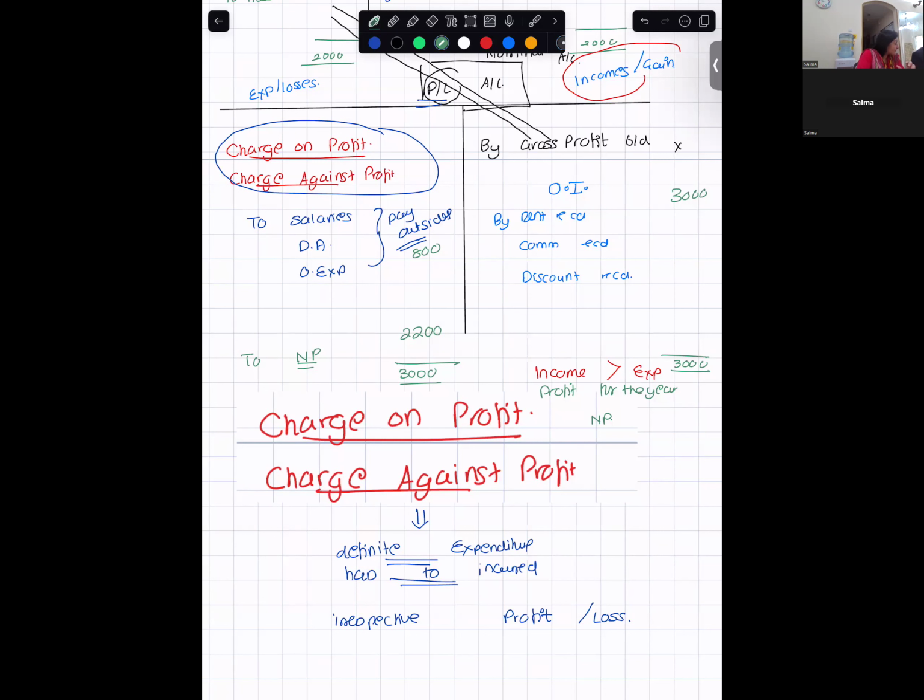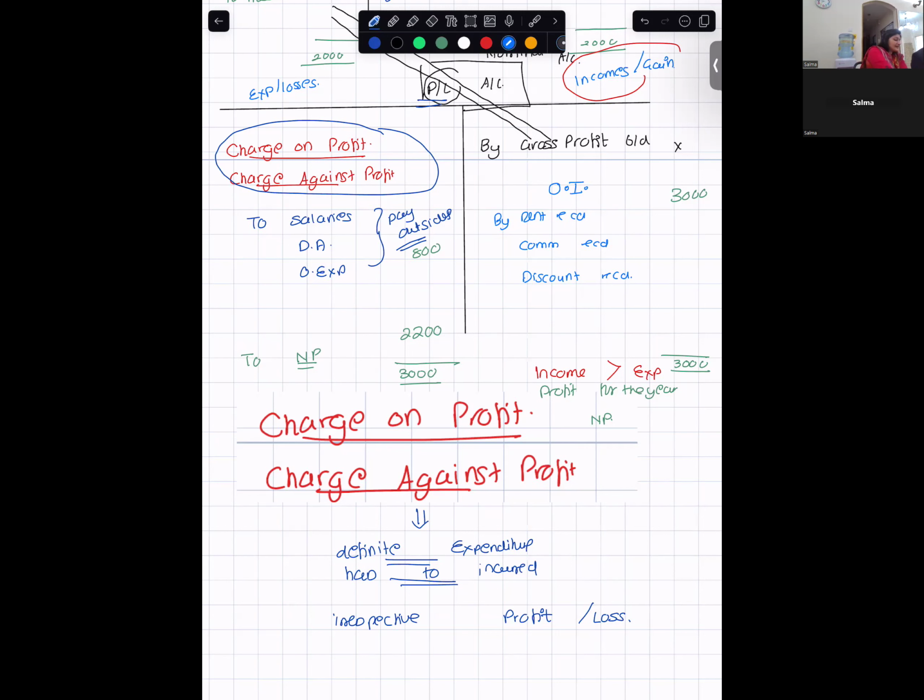The partners or outsiders? Outsiders. Because the outsiders are the people who are not concerned whether you make a profit or a loss. So even if there is a loss, and there is a charge against profits, you have to incur it, and it will come in which account? Profit or loss account, debit side.